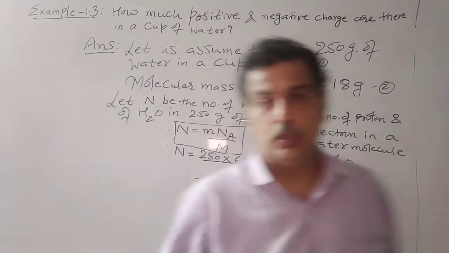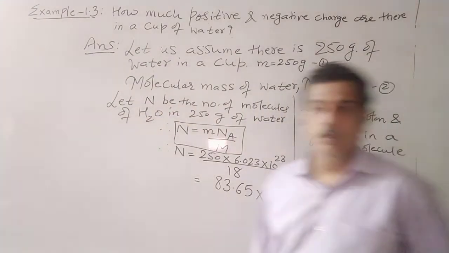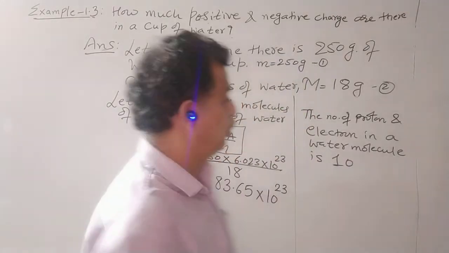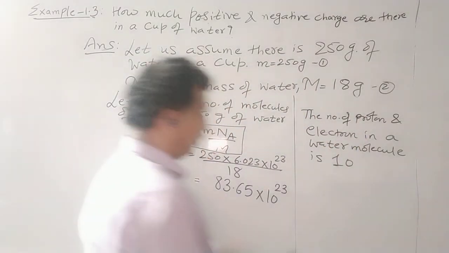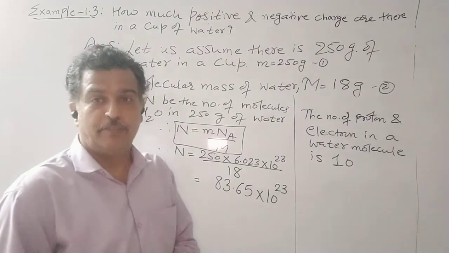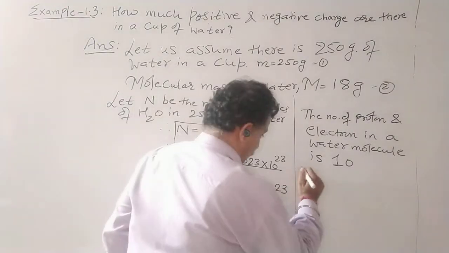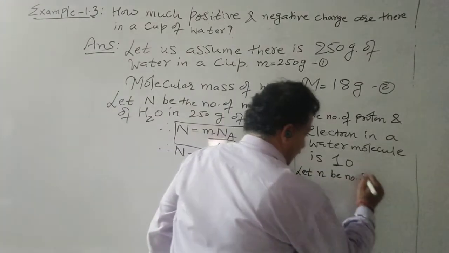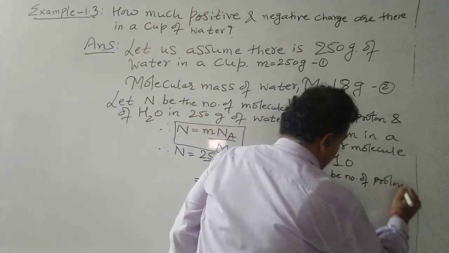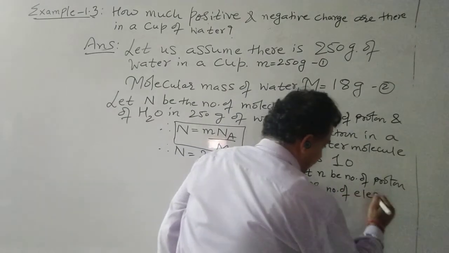So H2, 2 for hydrogen, and O, 8 protons or 8 electrons for oxygen. So number of protons is equal to number of electrons. Now we will find out the total number of protons or total number of electrons. Both are equal. So let small n be the number of protons or number of electrons.